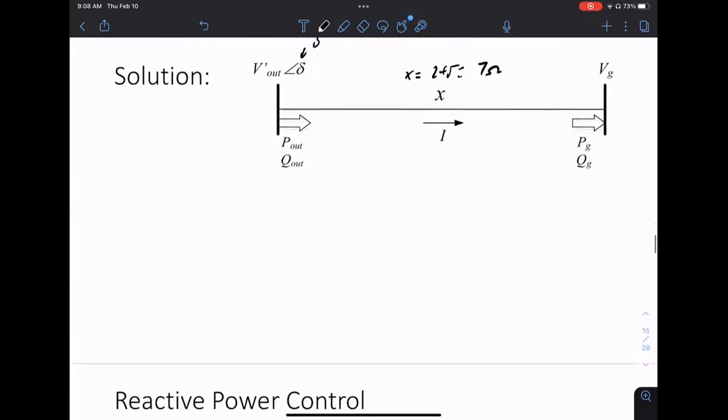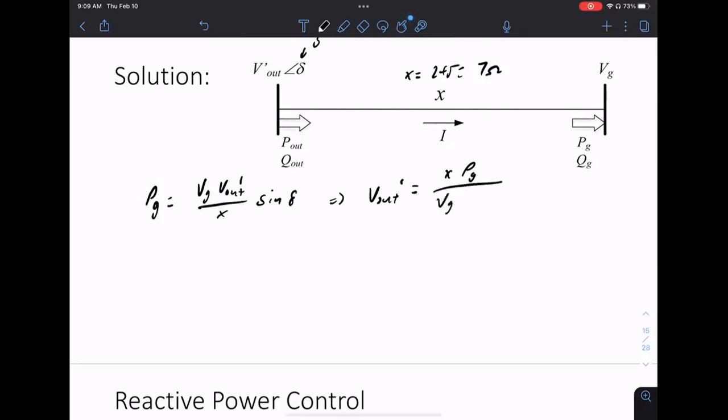Right, so we have Vg, VL prime over x sine delta. So you can turn this around. This gives us VL prime equals x PG over Vg sine delta.